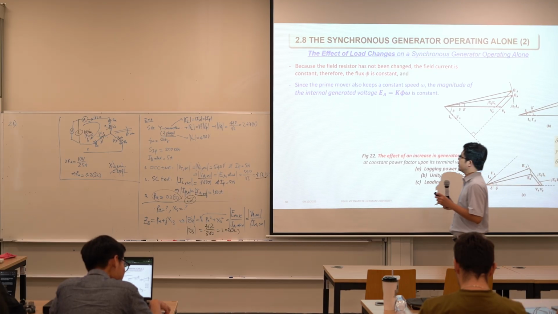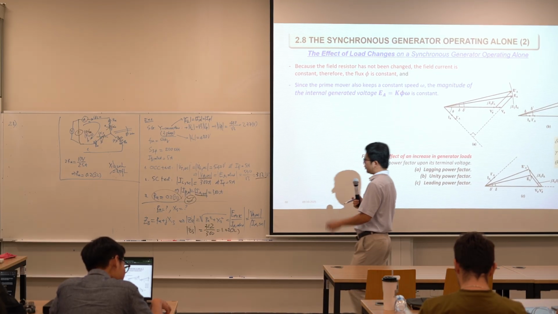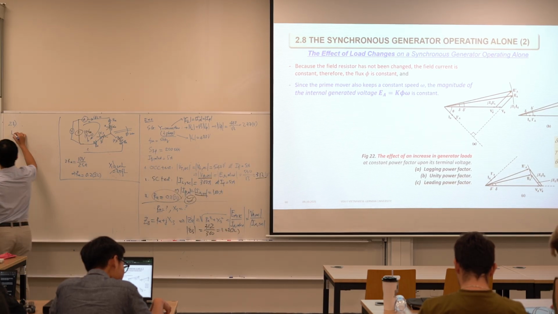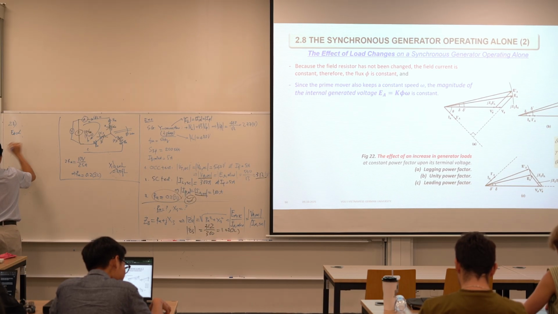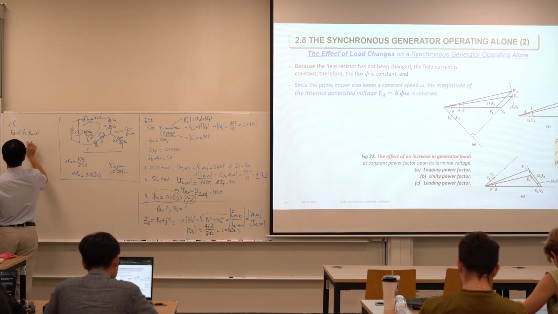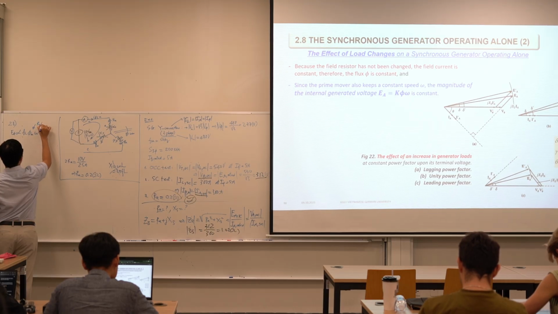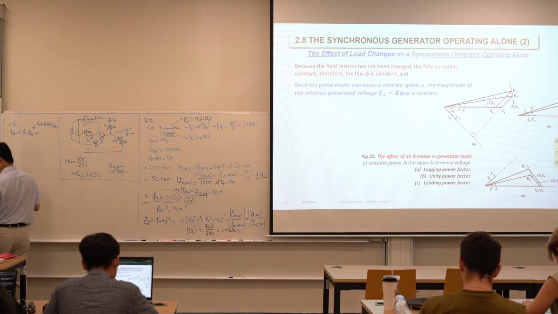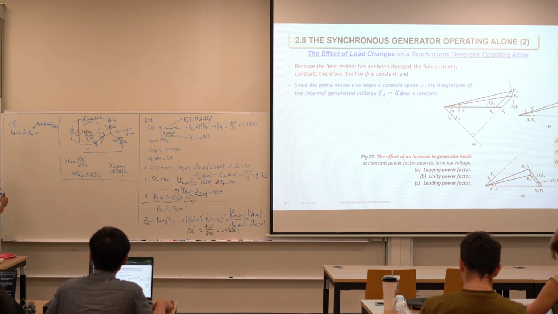So, we have the formula of internal generated voltage. We have EA. EA is proportional to K phi m omega. Phi m means rotating magnetic field. Okay?